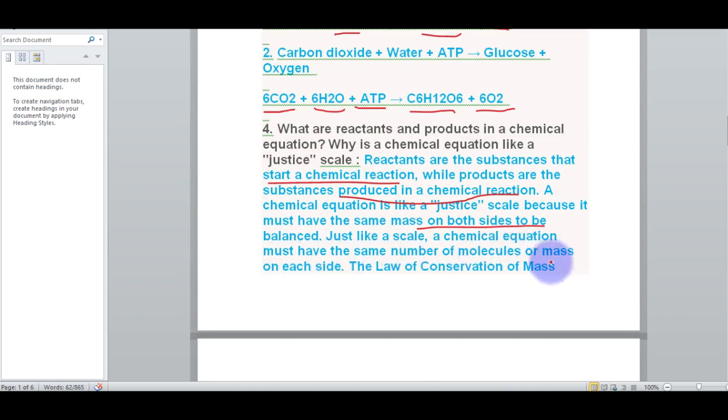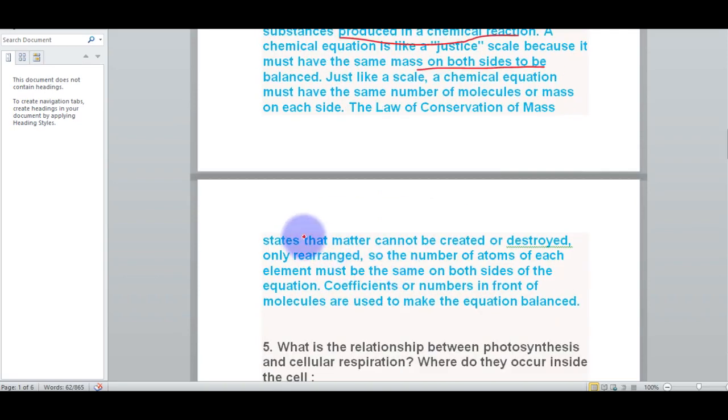Just like a scale, a chemical equation must have the same number of molecules or mass on each side, as we have explained. This leads us to remember the law of conservation of mass, which states that matter cannot be created or destroyed, but can only be converted from one form to another.